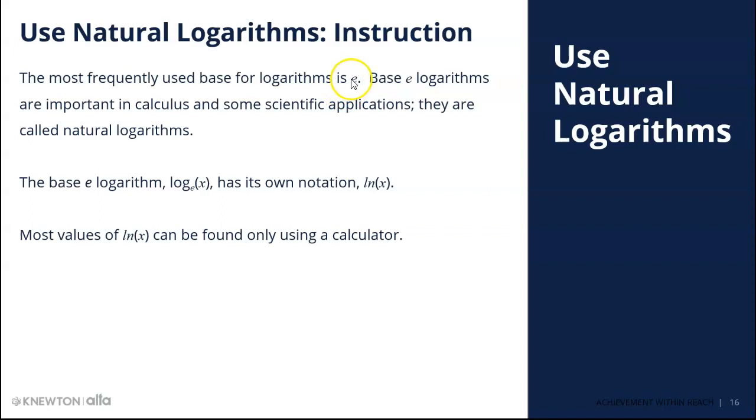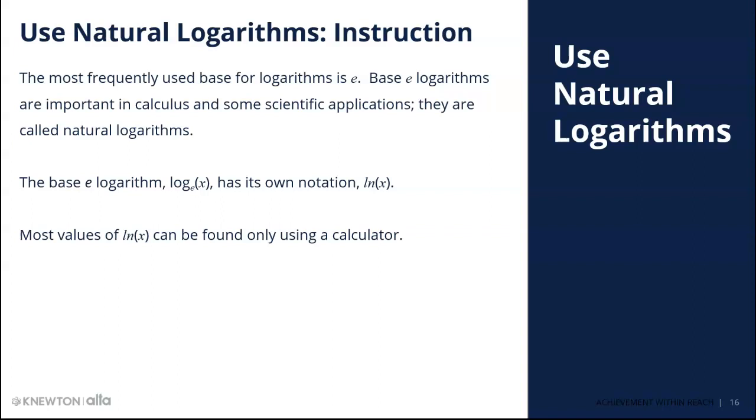If the base is e, we call this logarithm the natural logarithm. So whenever you want to mean log of x base e, the notation for that is ln. So ln just means log base e. So ln of x means log of x base e.